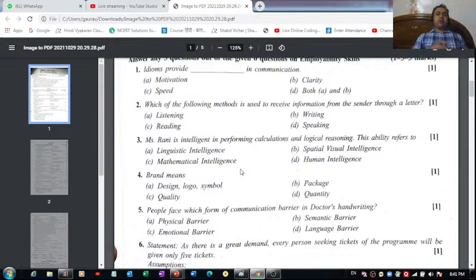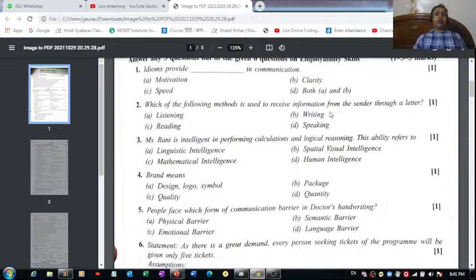So there is sender, then we have receiver, then we have message, and the communication channel through which the communication takes place. So all those elements come together to form a communication medium.